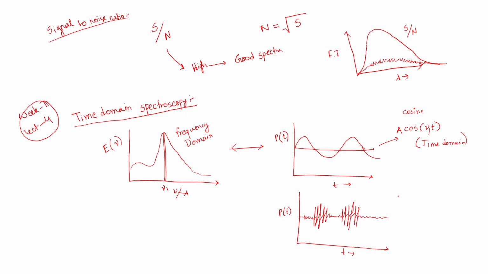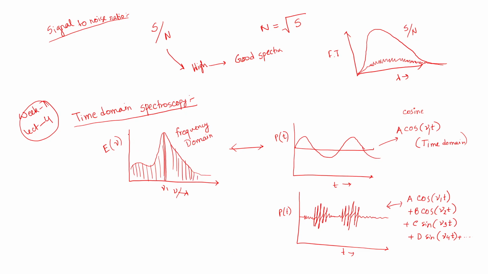This is a combination of, suppose, A cos nu 1 t plus B cos nu 2 t. You can even have sine functions, nu 3, plus D sine nu 4 t, and it will go like this. As you can see, multiple nus are present, right?